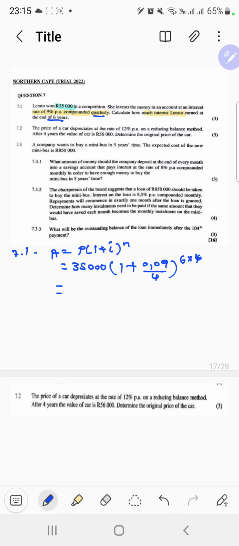So what I'm getting here is R59,701.83. Okay, so this is the accumulated amount.